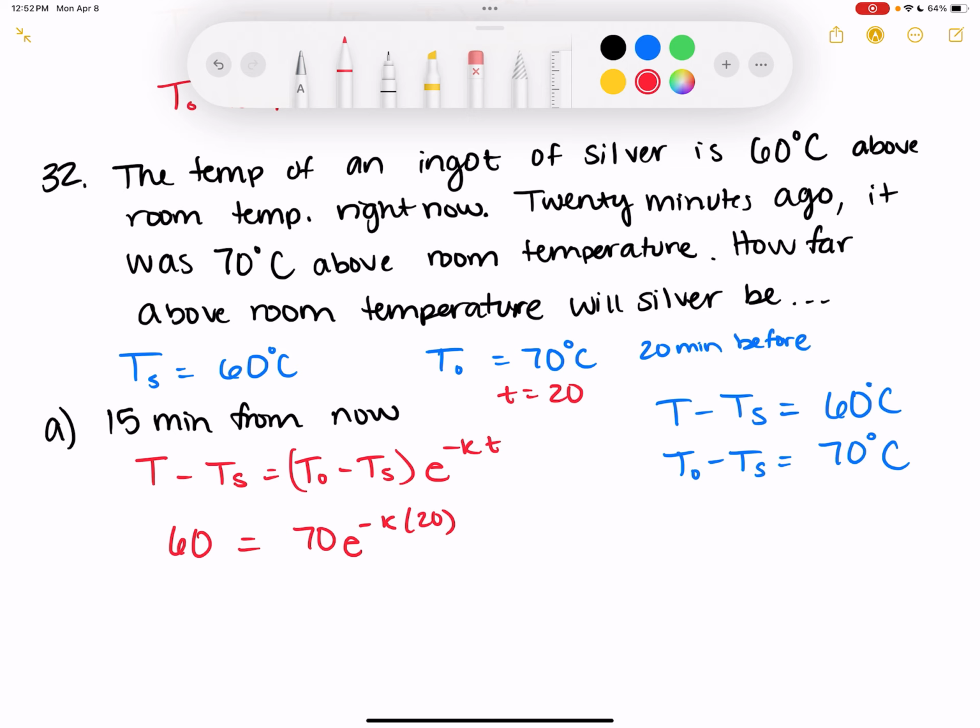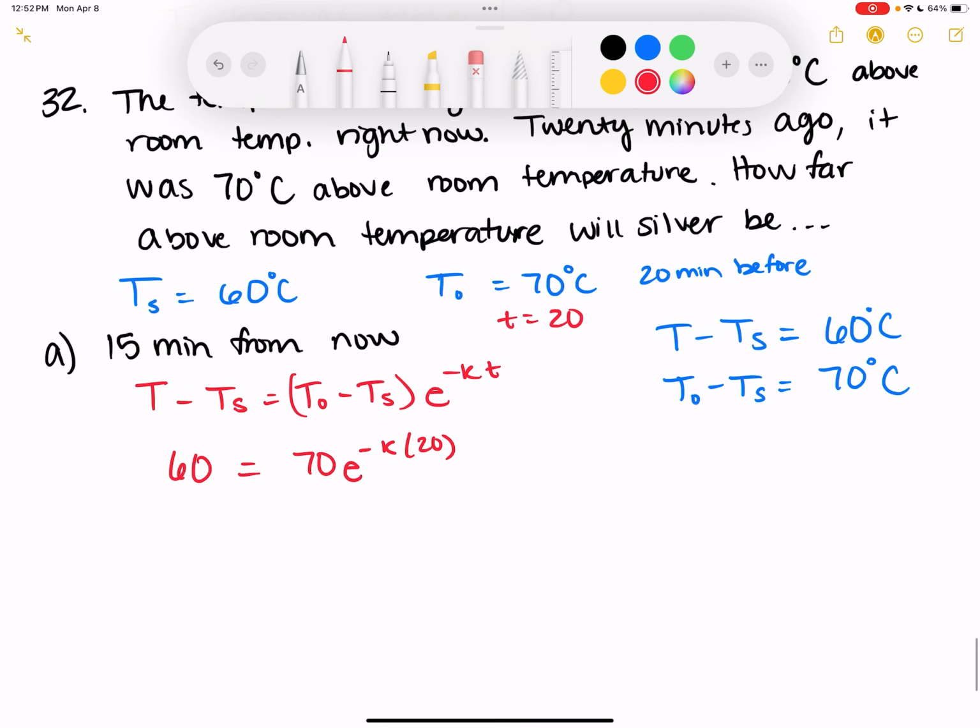I'm initially solving for k so that then I can go back and look at 15 minutes from now what's happening. So I would end up with e to the minus k times 20 is equal to 6 over 7, because the zeros are going to cancel. So 60 divided by 70.